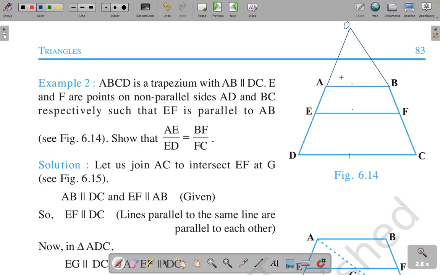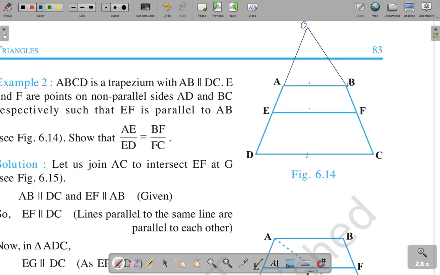No, but how can you ensure that these are equal? For example, if the inclination of this would have been like this, because they are non-parallel, the angle can be anything. So can you say these are equal, this and this? No, right?